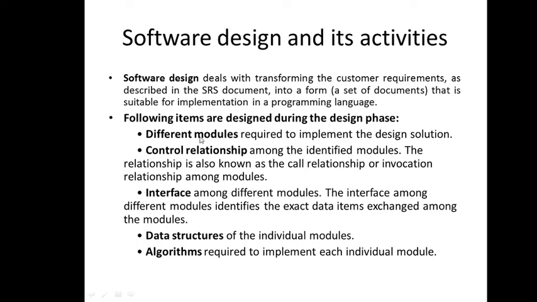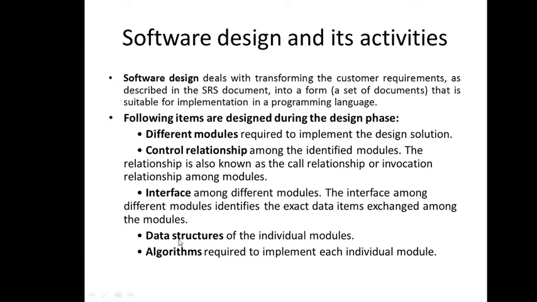The first step is we need to identify the modules which help in the design solution. After identifying the modules, we identify the control relationship between those modules, whether it is a calling relationship or called-by relationship. Then we identify the interfaces among these modules. Interface means the data that is being exchanged between the modules.